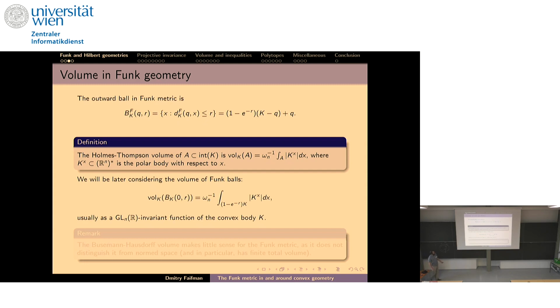Okay, and if you look at the volume of the ball, then what you get for a fixed radius is really a functional of K. You can think of it as a function of K, which is moreover GL(n) equivariant by construction. So that already tells us that we can look at things like maximizing and minimizing it, because convex bodies modulo GL(n) are a compact set. So that's what we're going to do later on.